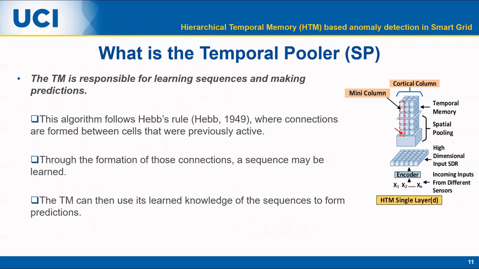The Hebbian rule says that the connections between two cells get formed or get stronger when they were previously active. This Hebbian algorithm also says that through the formation of these new connections, a sequence may be learned.